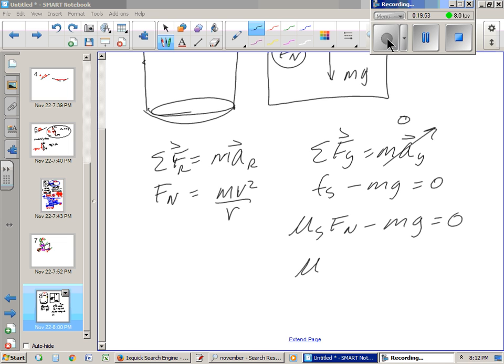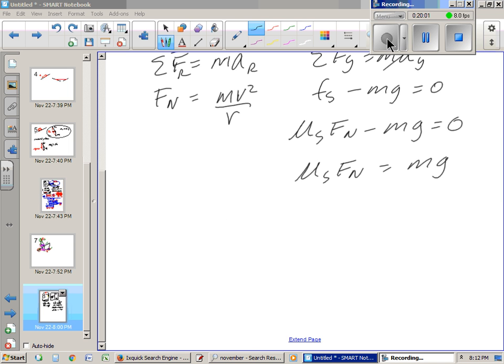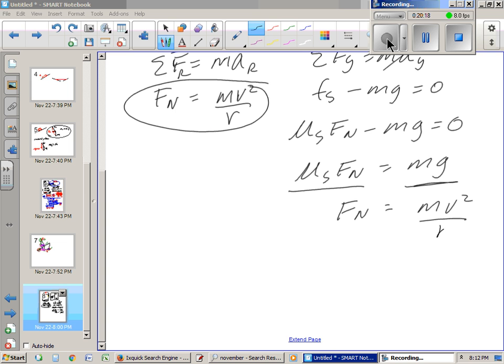I'm going to move this mg over to the other side, because we're going to pull that little trick that we did earlier. We're going to take this equation here and divide it by this equation over here. What we're going to get then is Fn equals m v squared over r.